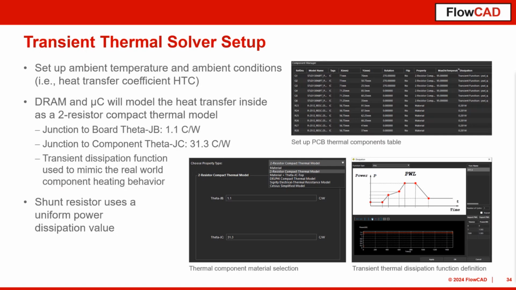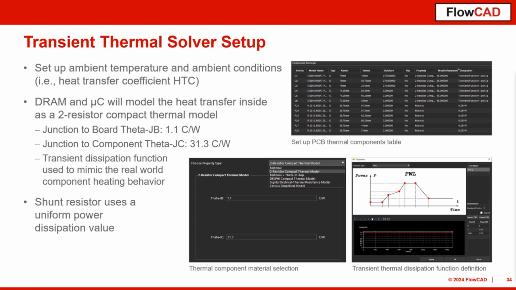aspect. What you can also do is to assign so-called transient behavior to some of your devices. That means, for example, here we can select something like a piecewise linear function that enables you to mimic the warm-up procedure of your components.